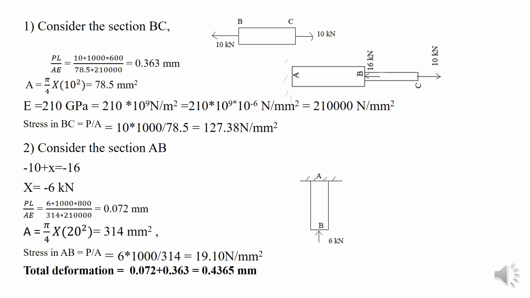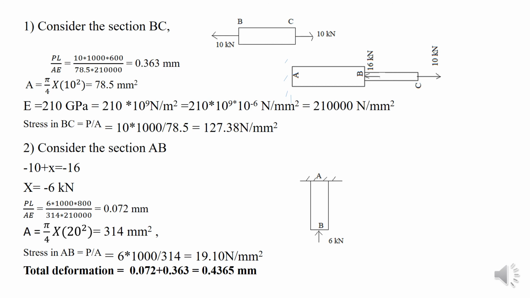Now the area of cross section is 78.5 mm square, and E is also given. So the stress in BC is equal to load divided by area, and that's equal to 127.38 Newton per mm square, and the deformation which we obtained is 0.363 mm.